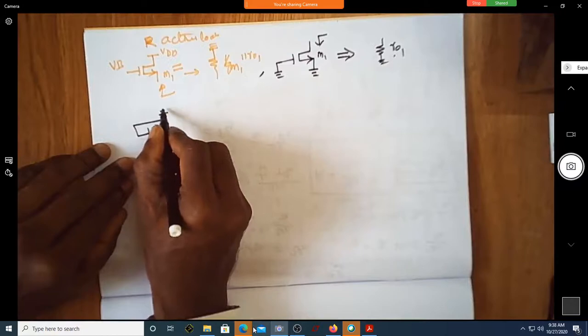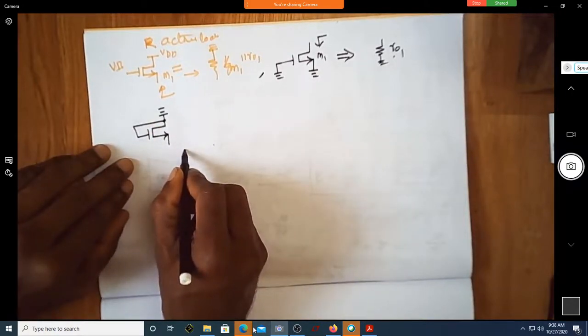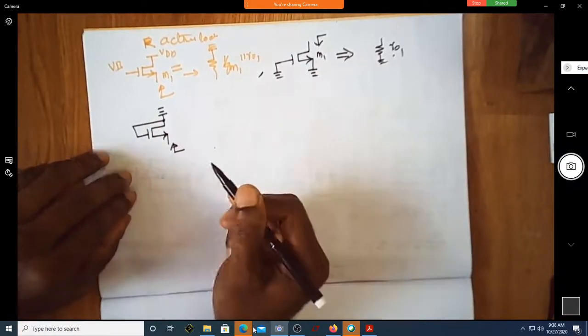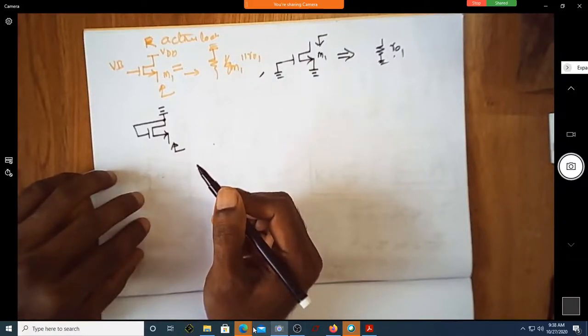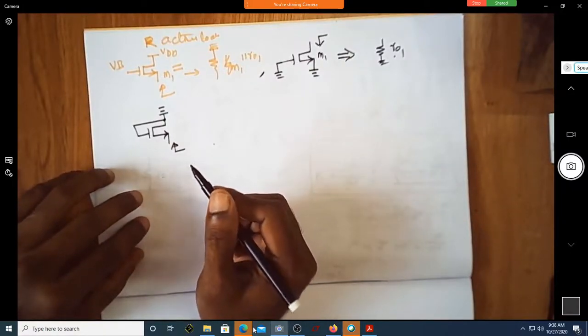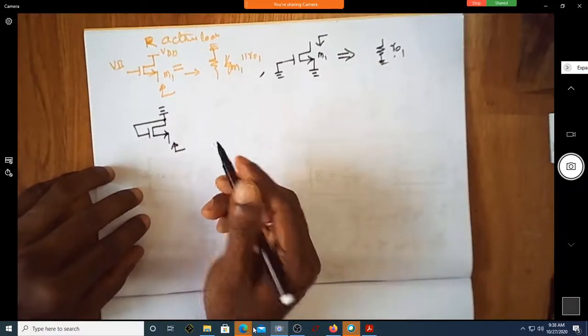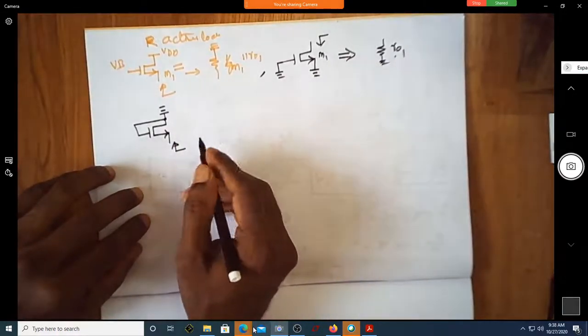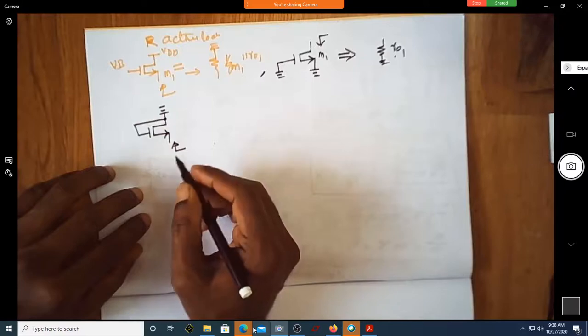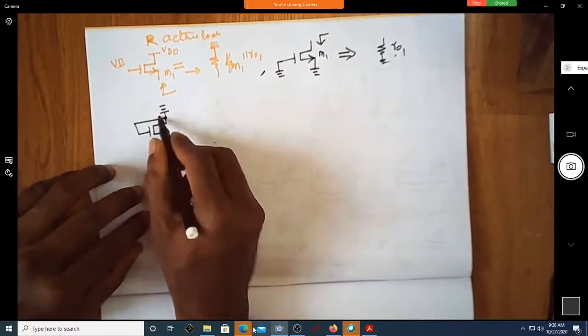Next, suppose you have a similar NMOS transistor, but its gate is shorted to the drain, and it is AC grounded. If you are looking from the source, what will be the resistance? Let me give one more combination.